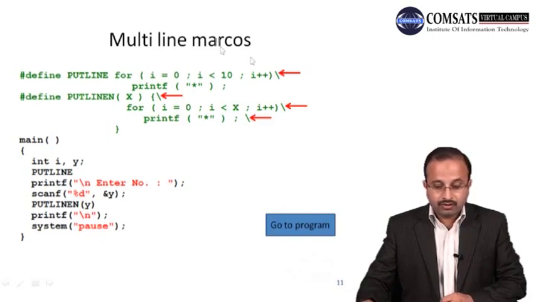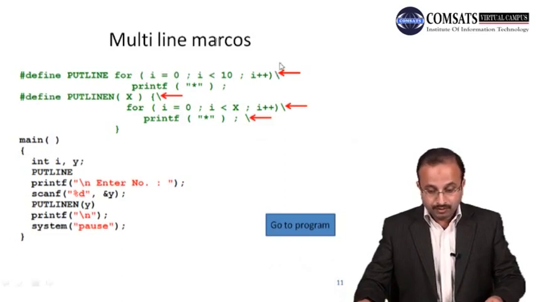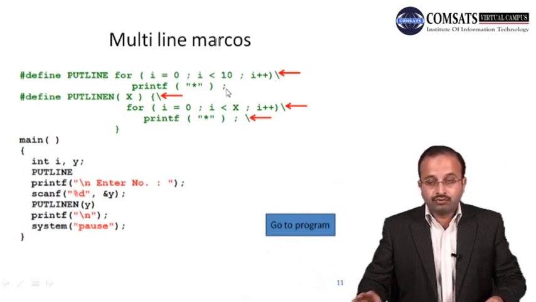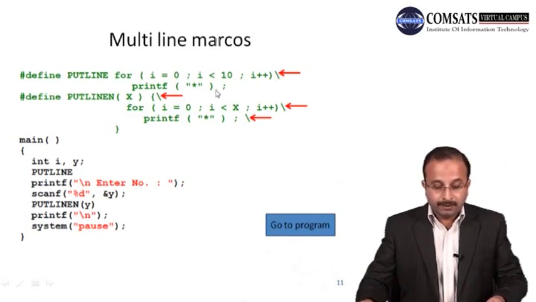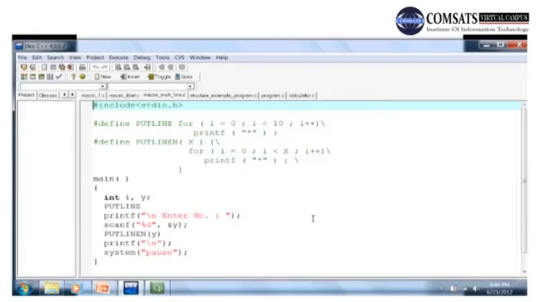So for multiline macros you can write n number of lines in the macro, but on each line you have to write a backward slash until you reach the last line, where you don't need to write a backward slash. Now let's go to that program and execute it.